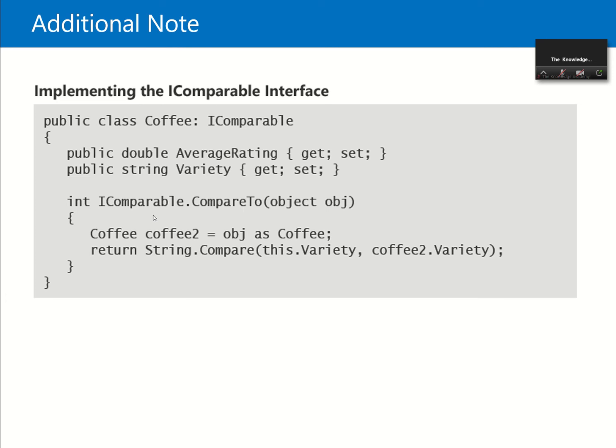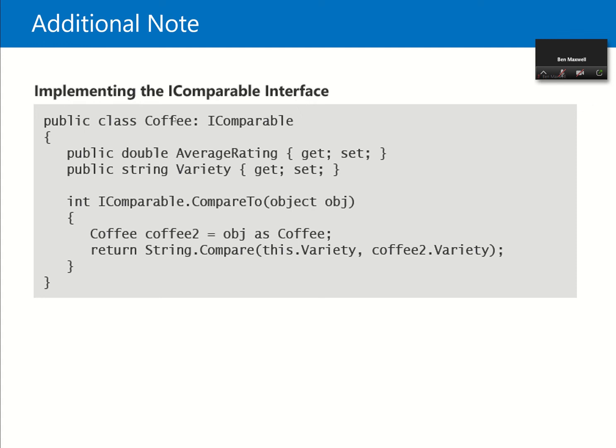Now in the CompareTo method, I create coffee2, which I assume is from the class Coffee. I create coffee2 from this class, it is an object from Coffee. I return string.Compare of the variety.